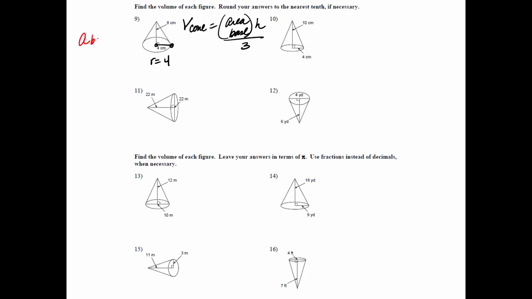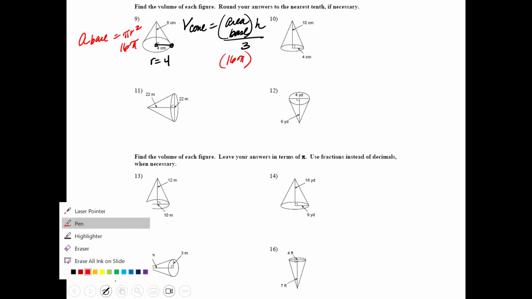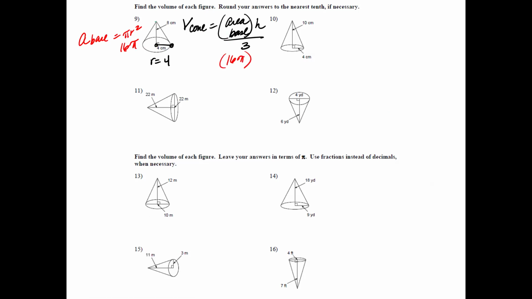So to find the area of the base, which is the circle, which is pi r squared, 4 times 4 is going to be 16 pi. Do you agree with that? So that right there is 16 pi. What's your height? Divided by 3. What's 16 times 8 divided by 3? Plug it into your calculator.